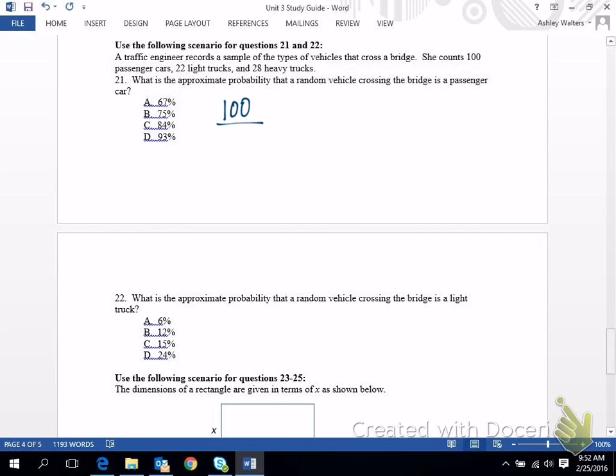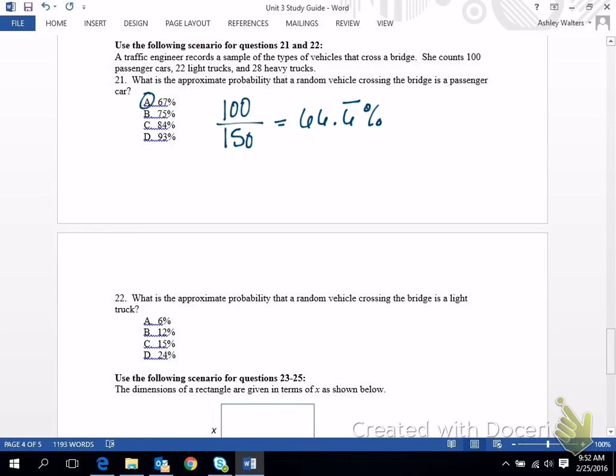There were 100 passenger cars plus 22 light trucks plus 28 heavy trucks, so that's 150 total vehicles. So 100 out of 150 is 66.6 repeating percent, which is 67%.